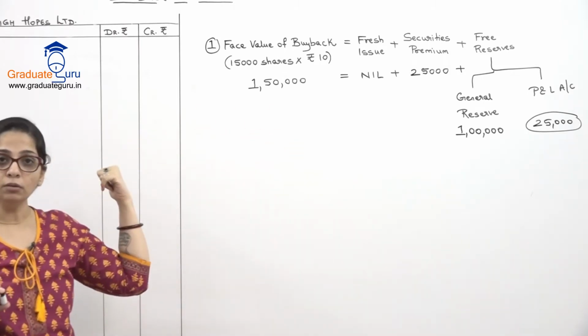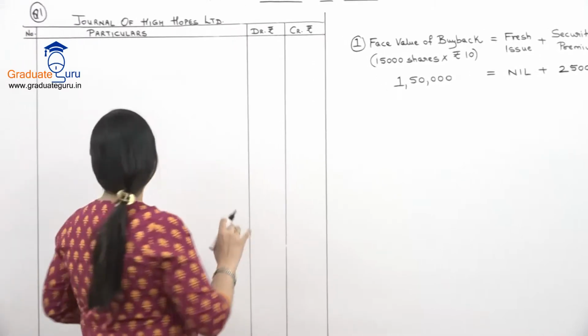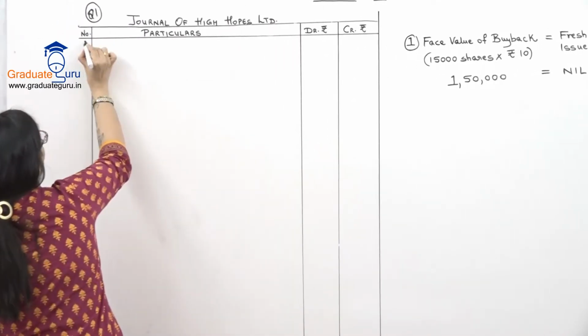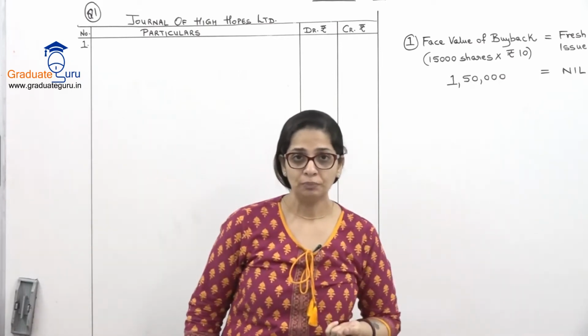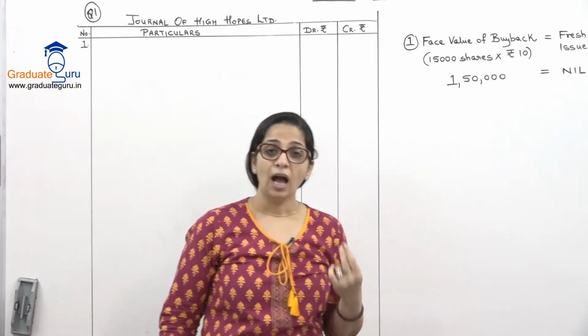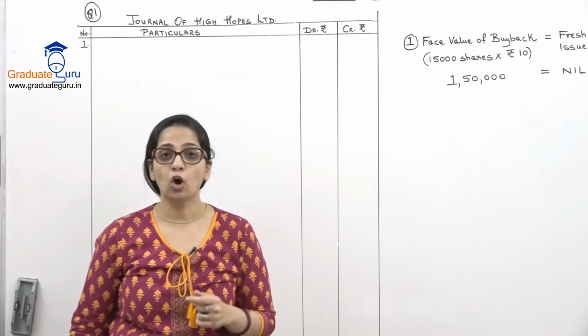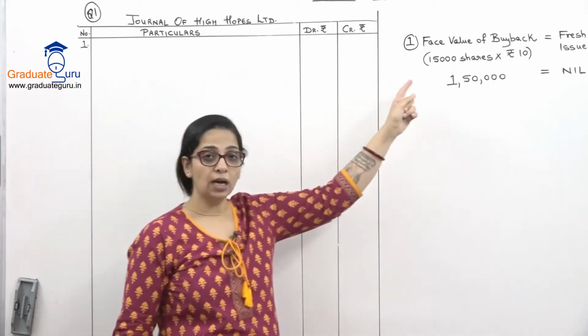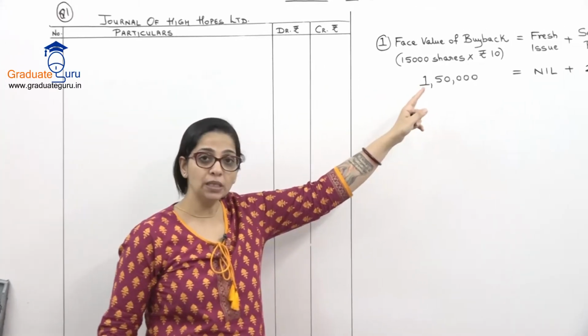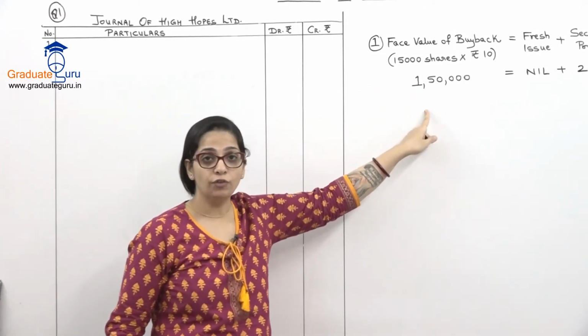I have all my amounts. Let's start with our journal entries. My first entry: because in this sum there is no fresh issue and no sale of asset, I directly go on to recording my buyback. How much is my buyback? 15,000 shares of 10 rupees, which is 1,50,000.